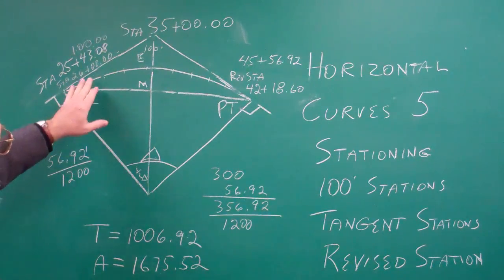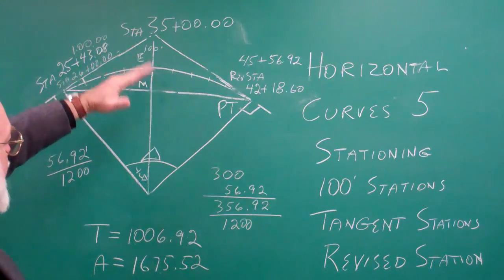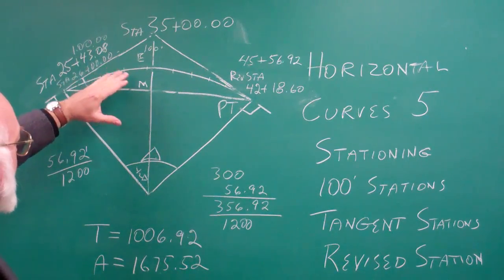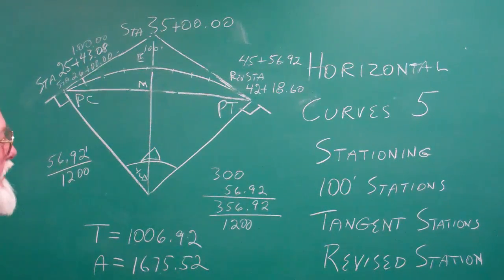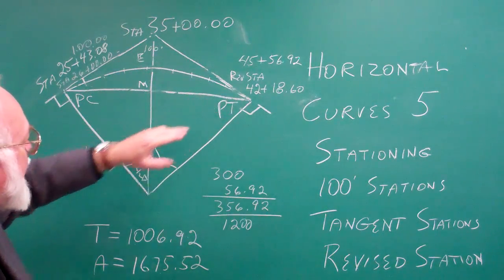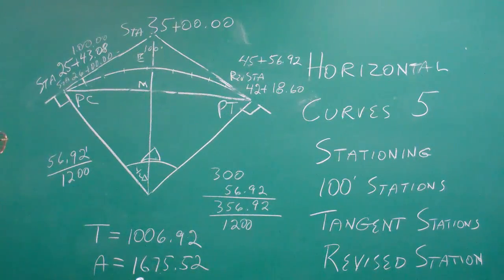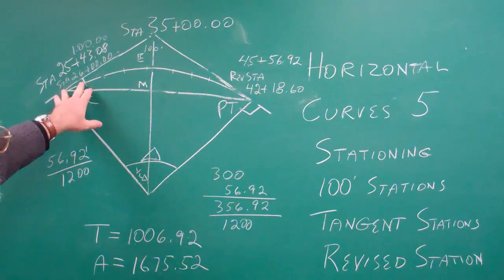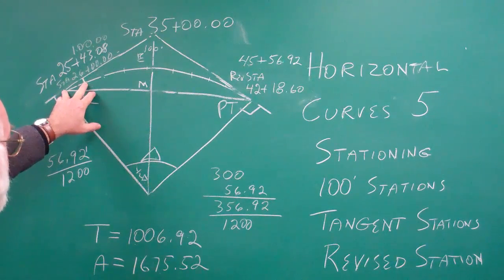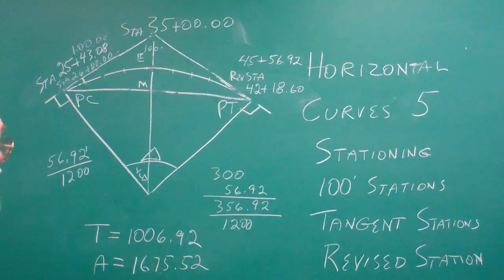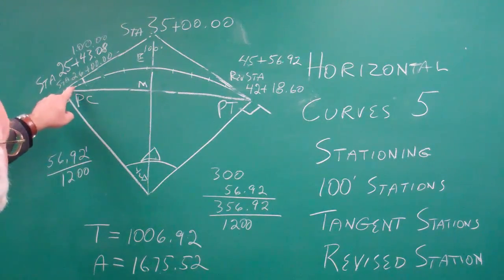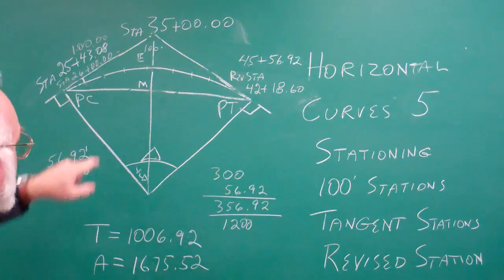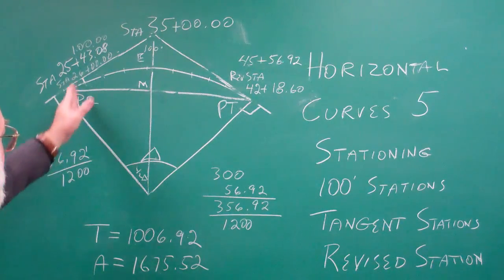Now, you've already figured your angle for turning from this point to get to that point. So all you have to do now is come up with a chord distance between these 2 points. And you're going to find out when you do the math that the chord distance is almost exactly the same as the arc distance. It's going to be like that for all teeny tiny angles like this.